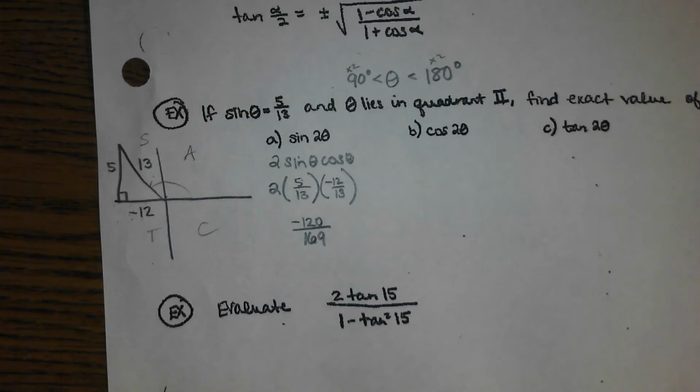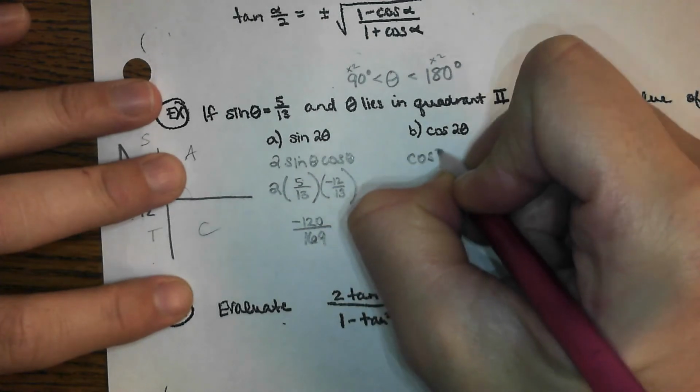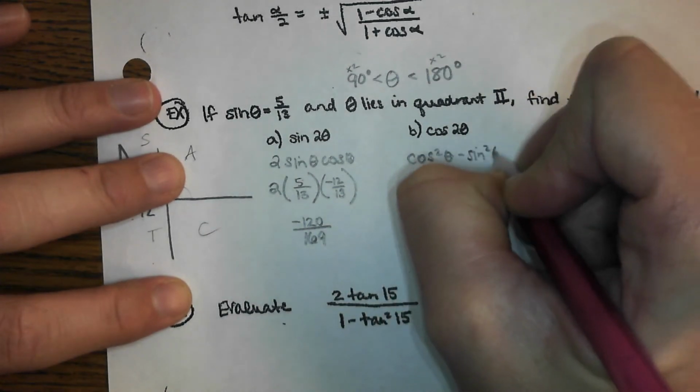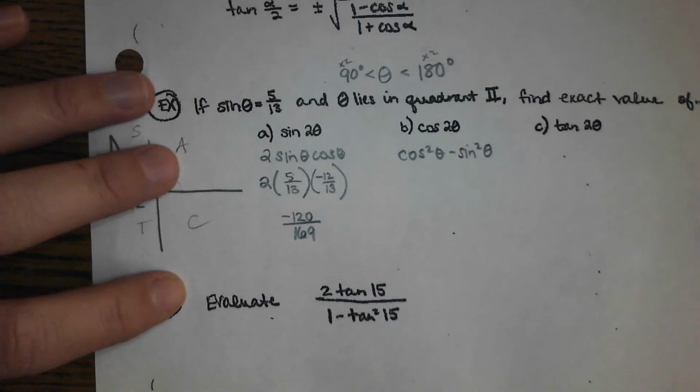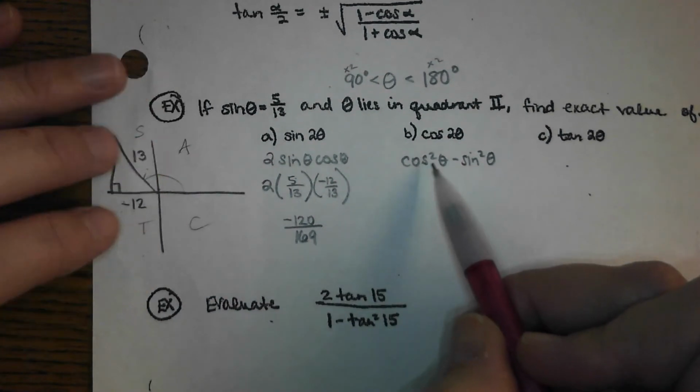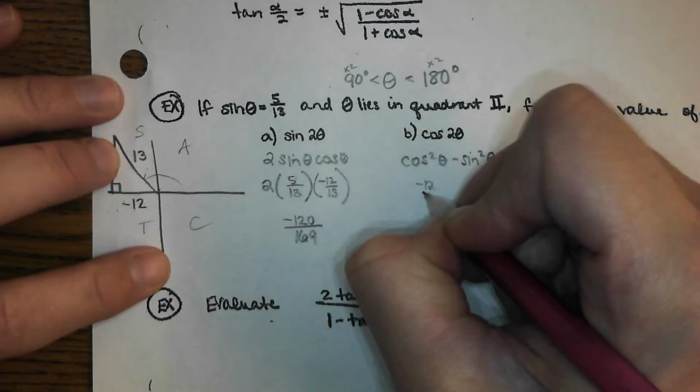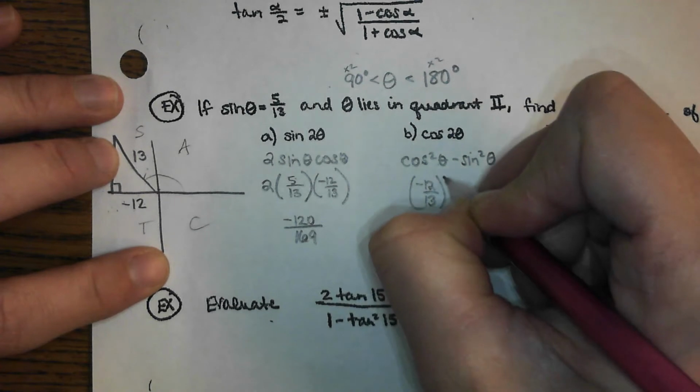The cosine of 2 theta, we can use any one of the 3 formulas. I'll use cosine squared theta minus sine squared theta. So the cosine of theta was -12 over 13, and we have to square that.